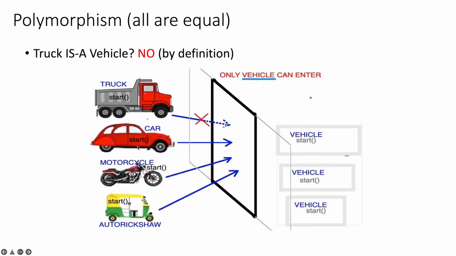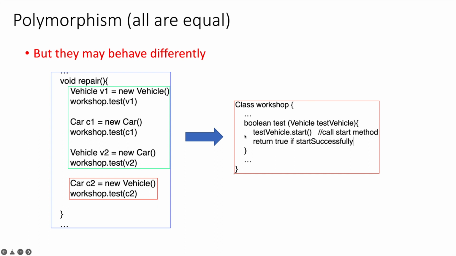Observe here, car is allowed. Similarly, a car instance is allowed to go inside the test method or operation. It will call testVehicle.start, and this start method will be called on c1. c1 is a car, and that is why car's operation will be called.